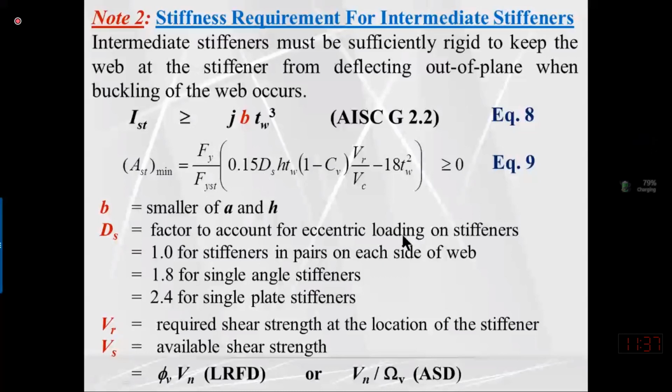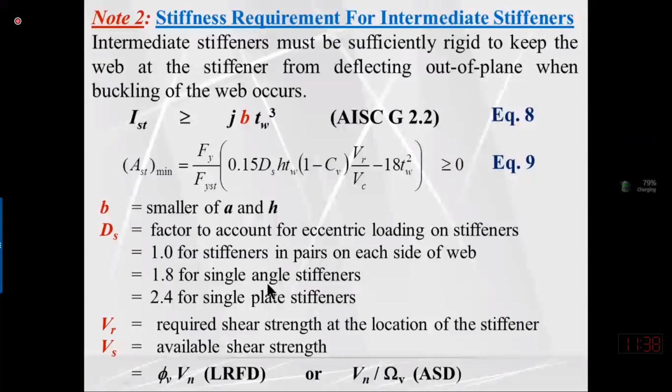If we are using the stiffener in pair on both sides, then the ds value is equal to 1. If we are using the stiffener as a single angle, only one side, the ds value is 1.8, and the ds value is 2.4 if we are using the intermediate stiffener as a single plate.